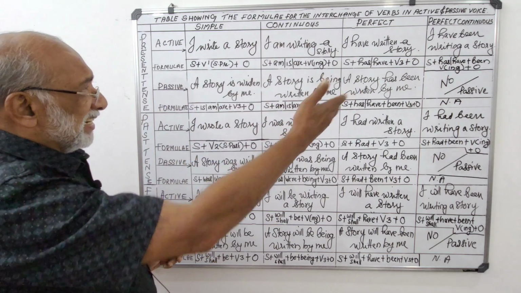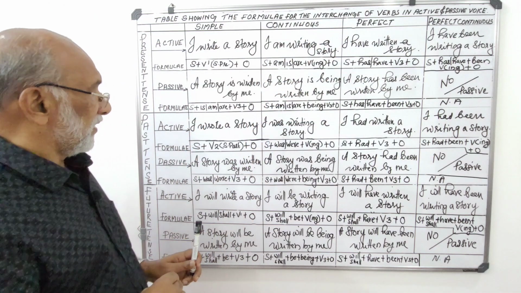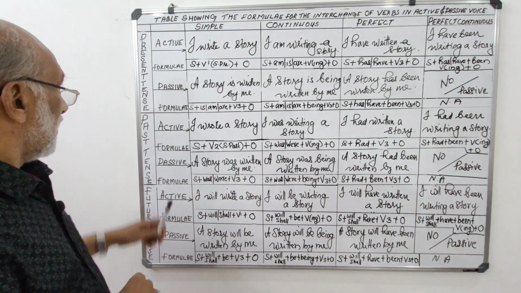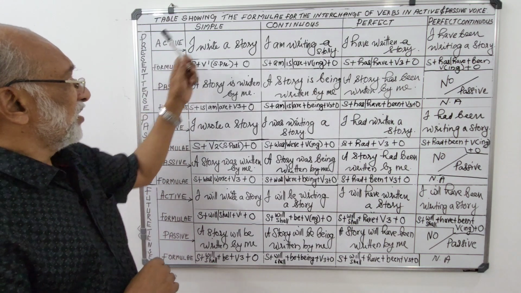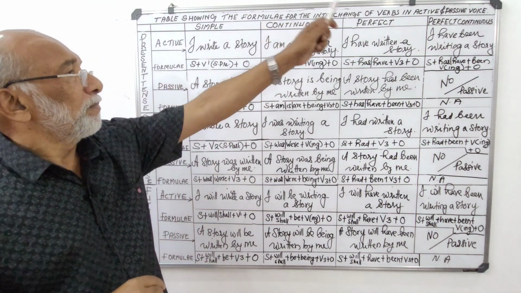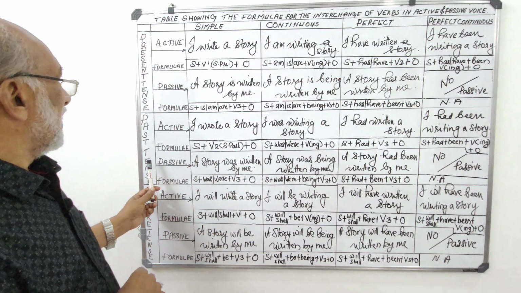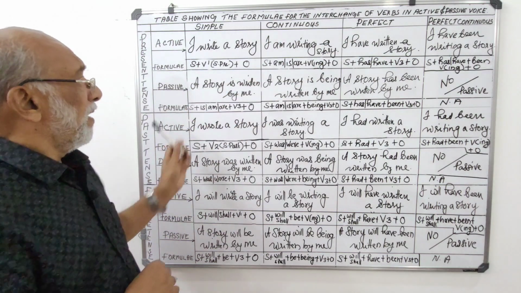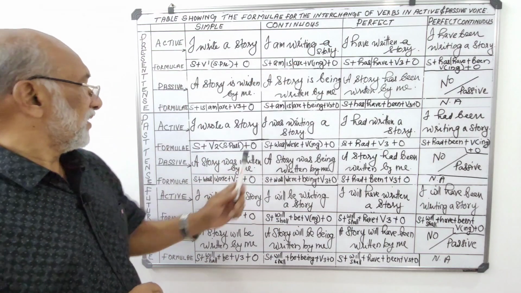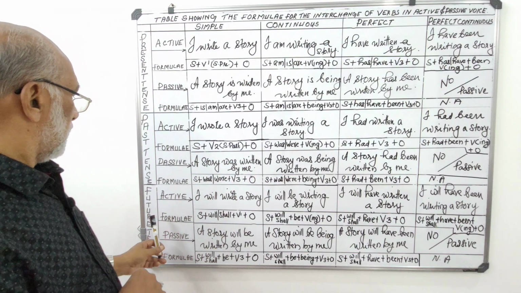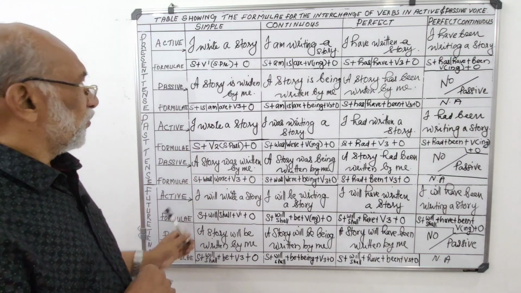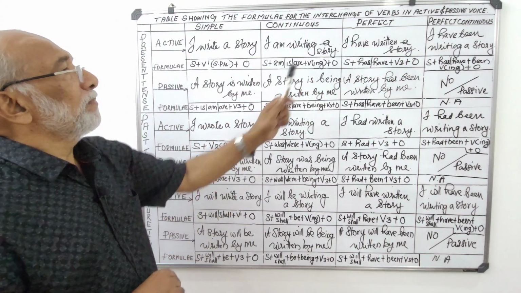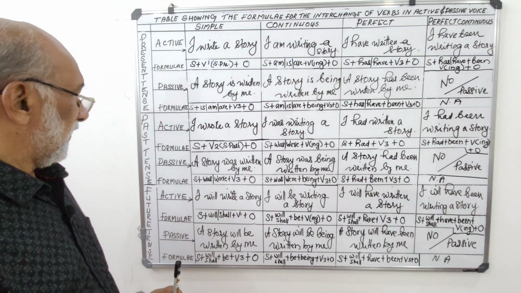But for the other tenses, continuous, perfect and perfect continuous tenses, you can start from here: present continuous, present perfect continuous. Then for past tense, past continuous, past perfect and past perfect continuous. And for future, future continuous, future perfect and future perfect continuous tense.